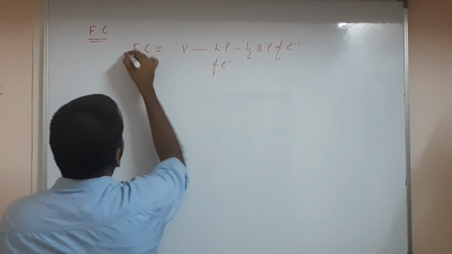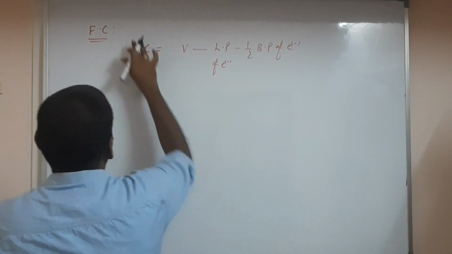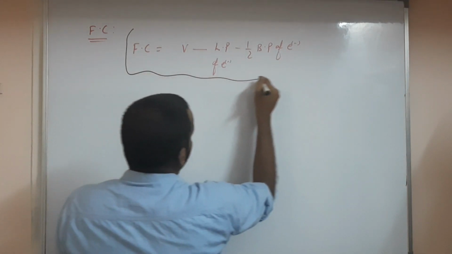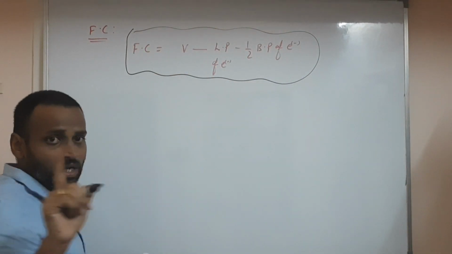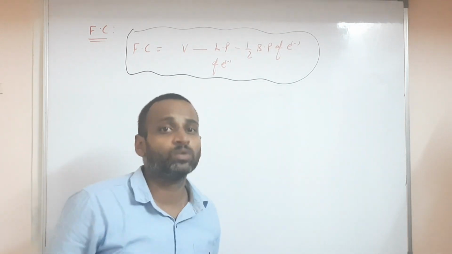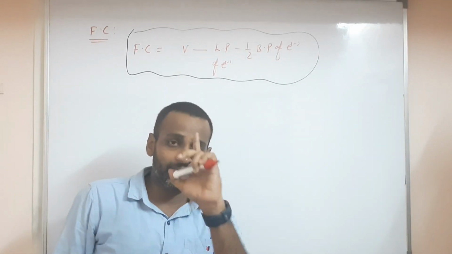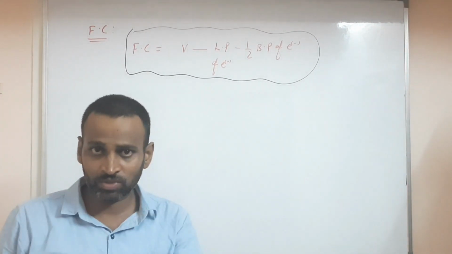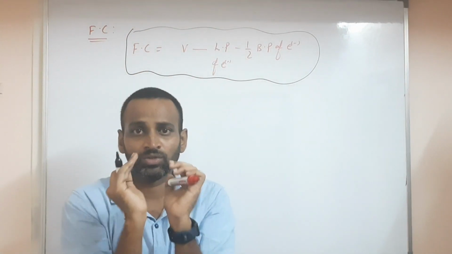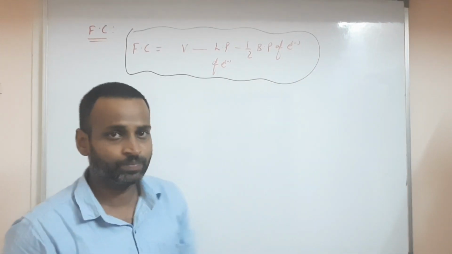This you have to take as the formal charge. So the overall formal charge of a molecule will be 0. Formal charges exist for individual atoms. The whole formal charge of a neutral molecule will be 0.